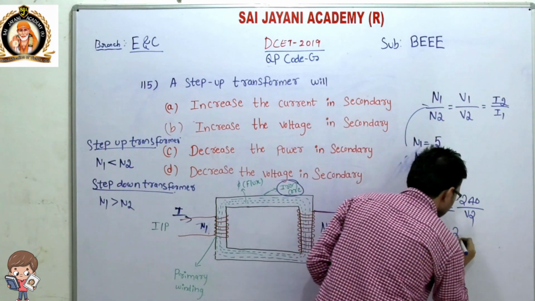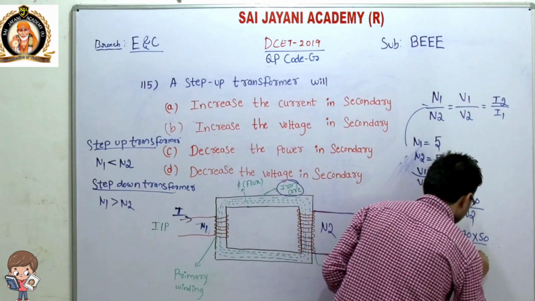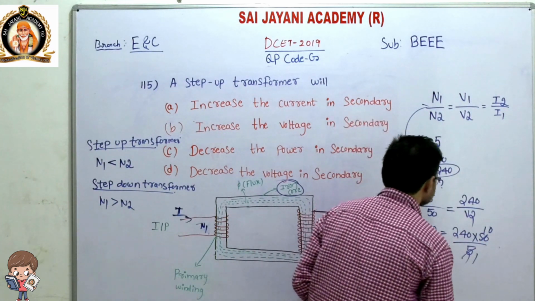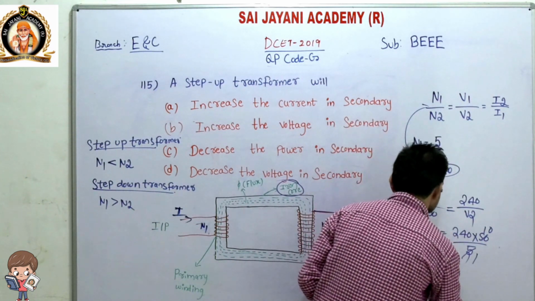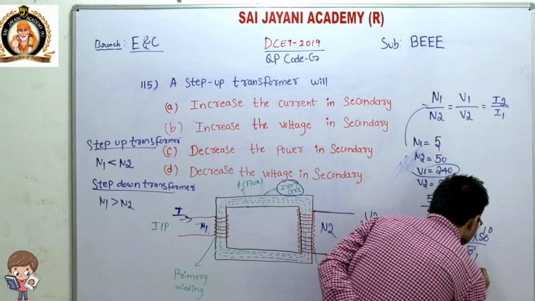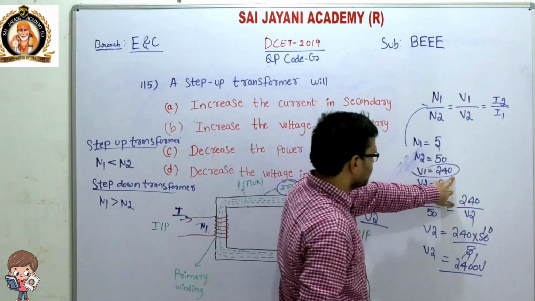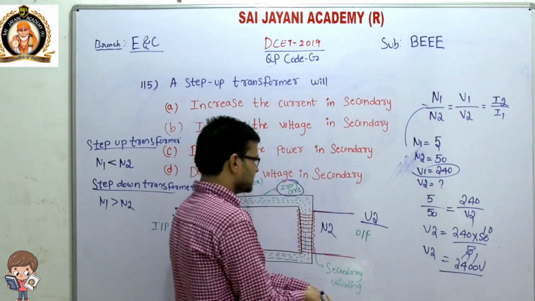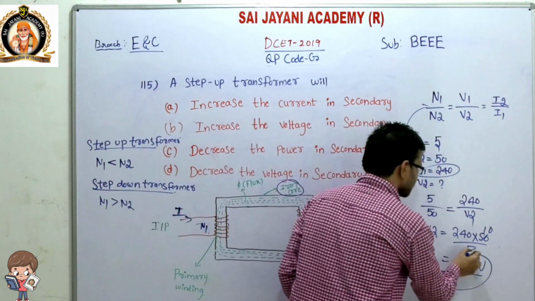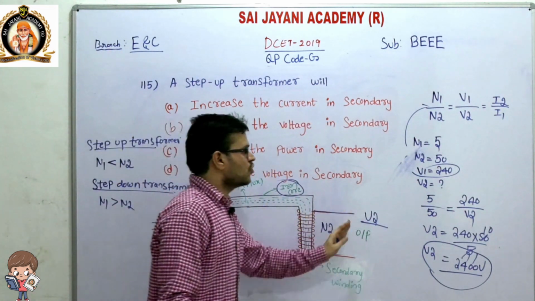V2 is equal to 240 into 50 divided by 5, which gives V2 as 2400 volts. That means we are giving only 240 volts, but at the output side, that is at the secondary winding of the transformer, we are getting 2400 volts, so it steps up the voltage.